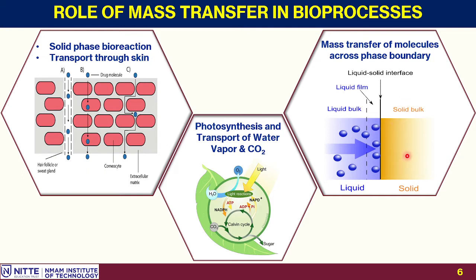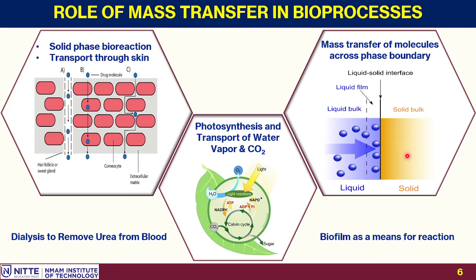That is also a better example of mass transfer phenomena. And there are many other examples to name, like dialysis to remove the urea from the blood, biofilm as means for reaction systems, maybe like animal cell culture, plant tissue culture, right? So there again mass transport takes place.